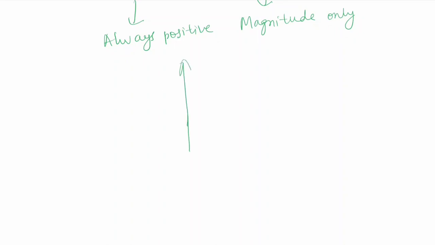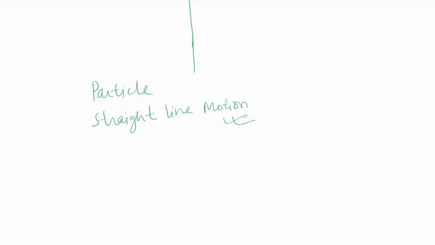Other terms remain same. So thank you for having a look at this discussion over the motion along a straight line. In this video, we have discussed what is a particle, what is a straight line motion, why do we study motion, why do we study straight line motion.